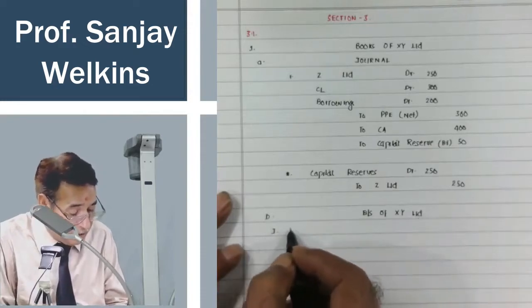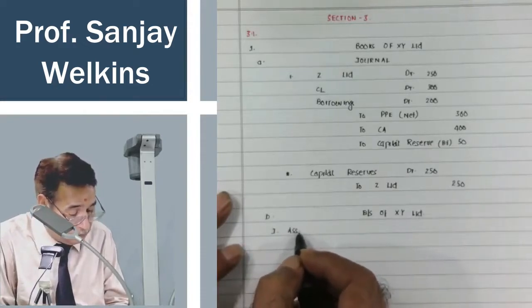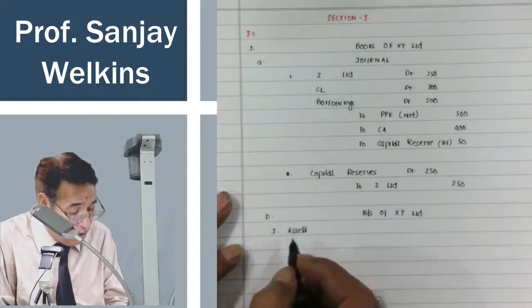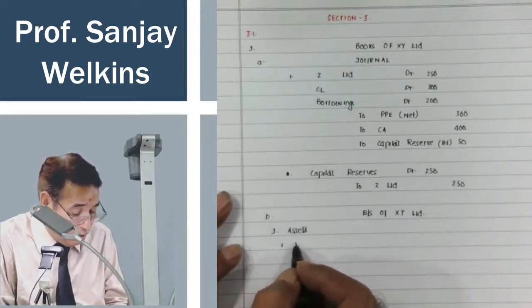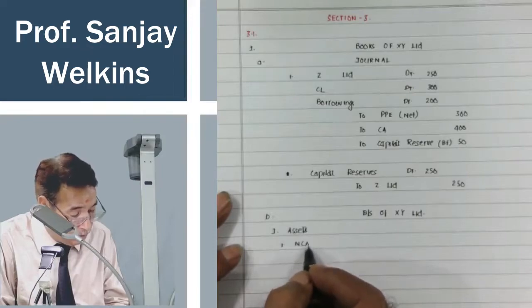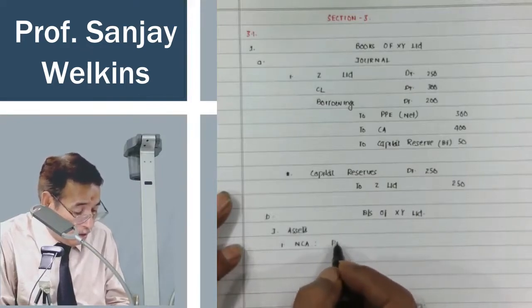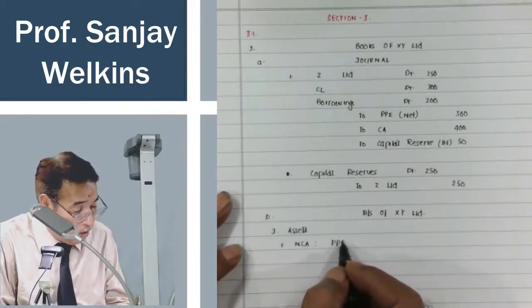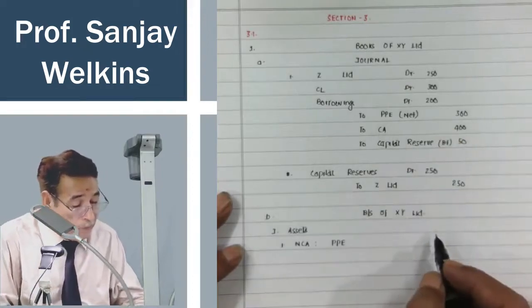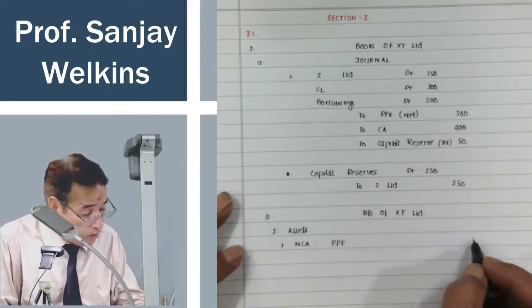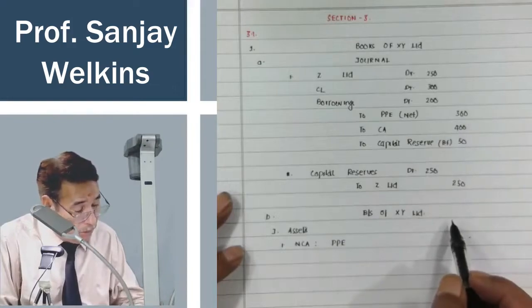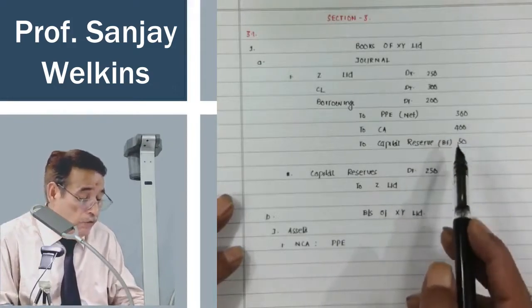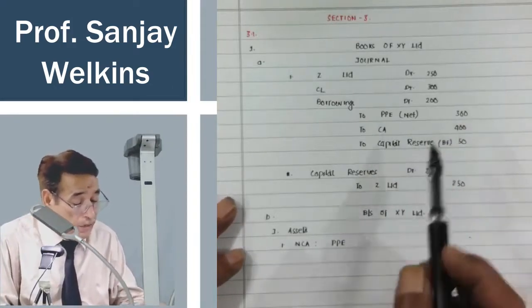First you write assets. Under the asset you write non-current asset. Under non-current asset write your property, plant and equipment. You have taken property, plant and equipment for rupees 300. Property, plant and equipment, 300 worth of item has gone out.